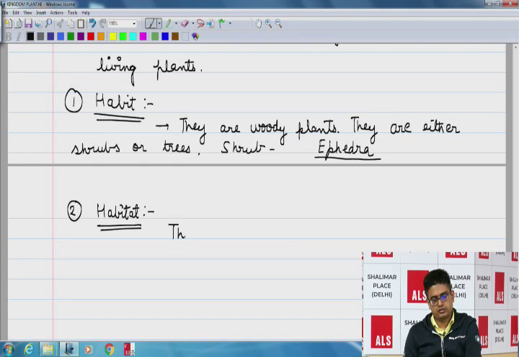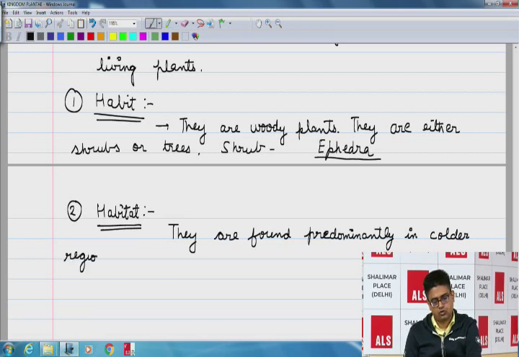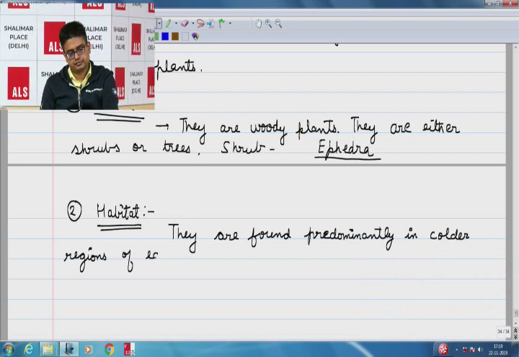They are found predominantly in colder regions of Earth. However, there is an exception, just like all gymnosperms are trees with the exception of ephedra.